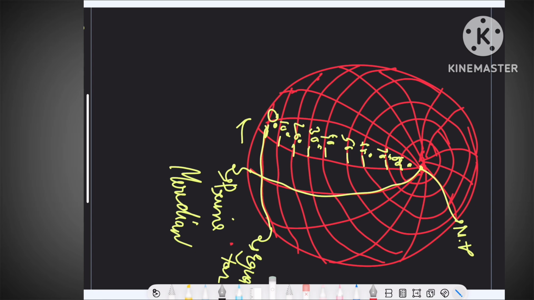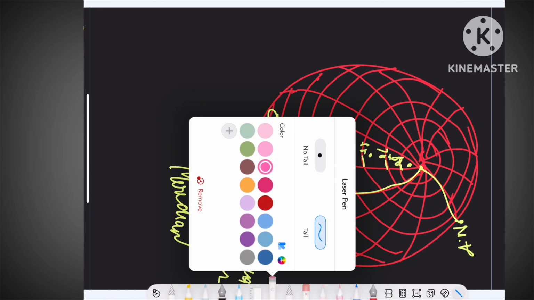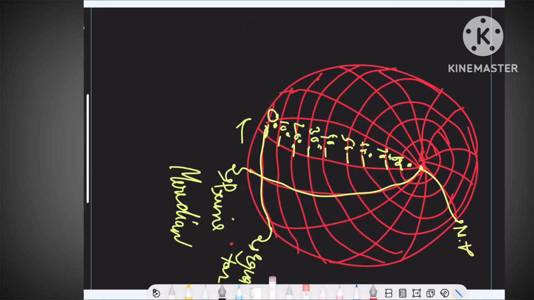Latitudes are the ones which are horizontal, and longitudes are the ones which are vertical.